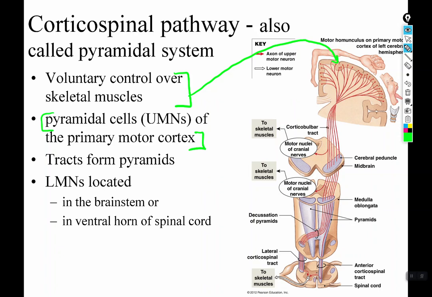Then they send tracts down and out to go off to their appropriate synapse location, either in the brainstem or in the ventral horn of the spinal cord. So these tracts form the pyramids of the medulla. If you're wondering why those were there and why you had to learn them, that's why.